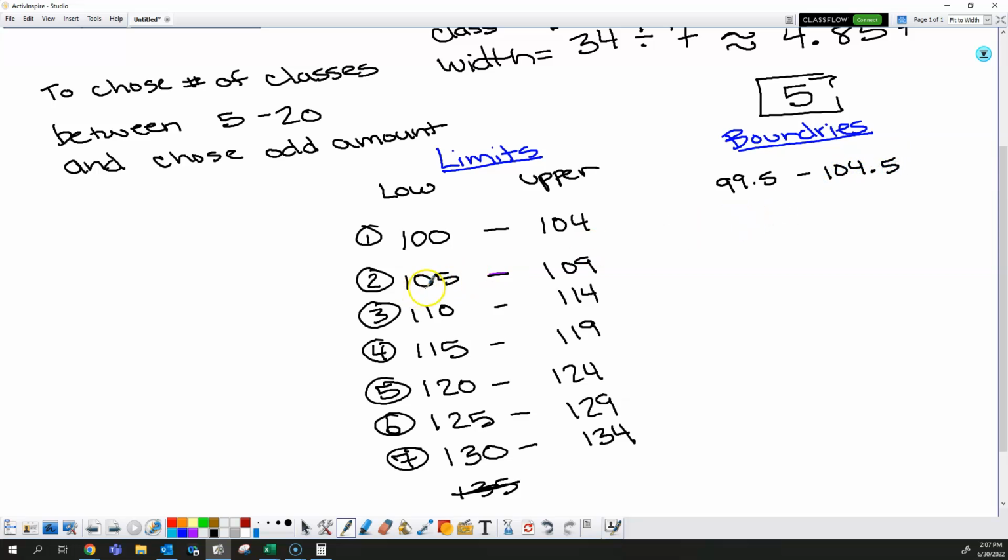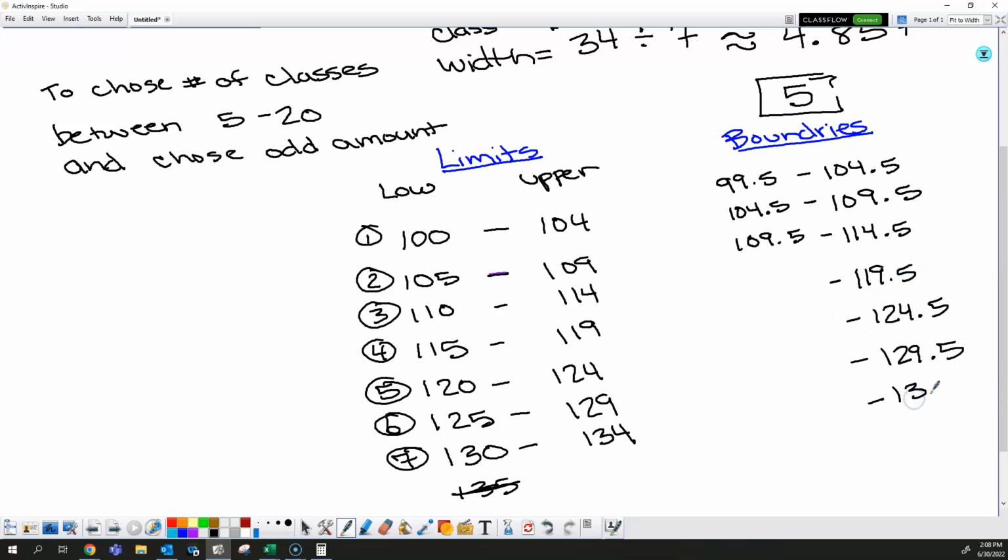For our second one, 105 minus 0.5 is 104.5. And our upper is 109.5, 114.5. You might notice that we literally just tack on a 0.5 to the upper boundary. That's what adding does.